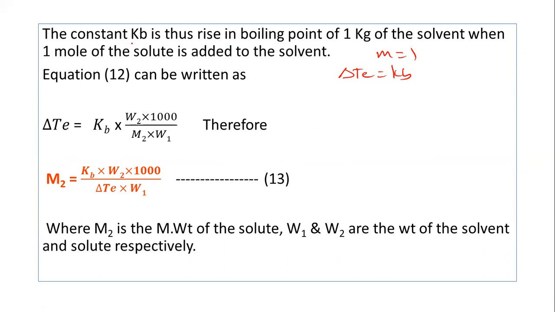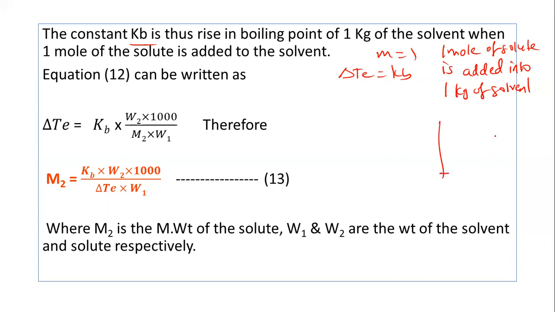The definition of the molar elevation constant is that it is the rise in boiling point of 1 kg of the solvent when 1 mole of the solute is added. m equal to 1 means 1 mole of solute is added into 1000 gram or 1 kilogram of solvent, that is moles per kg.